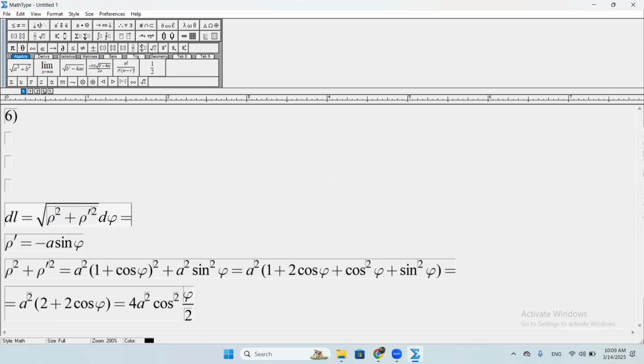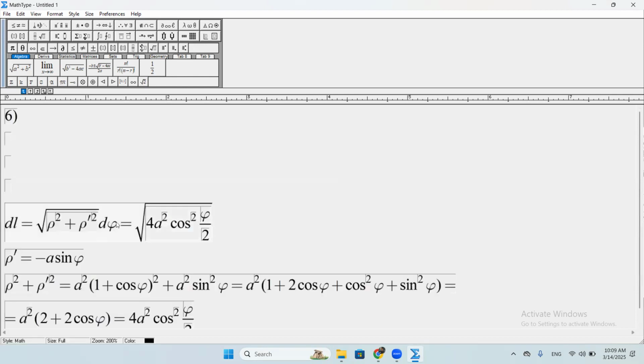So if I substitute it here, I will receive 2a cosine of phi over 2 d phi.